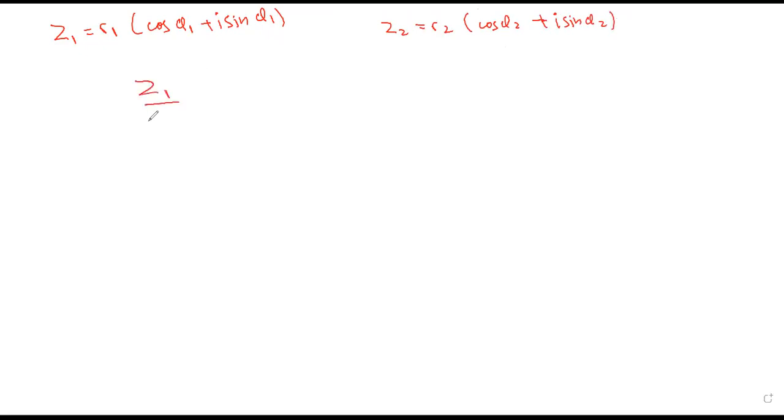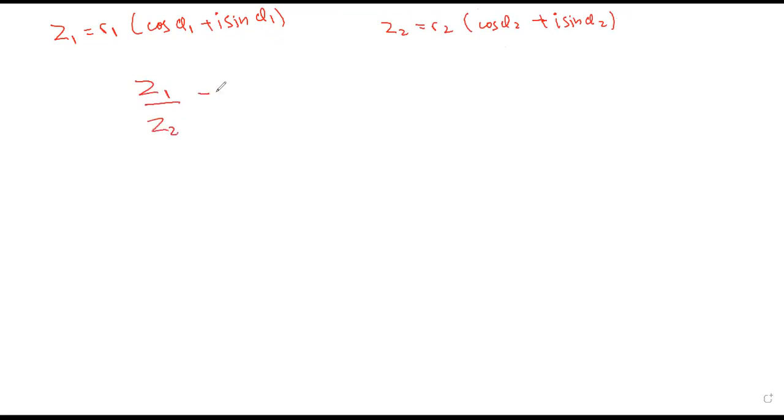I will not do the proof again, so I'll just write down the formula. If Z1 is R1 cos theta 1 plus iota sine theta 1, and if Z2 is R2 cos theta 2 plus iota sine theta 2, then you are interested in finding out the value of Z1 by Z2.